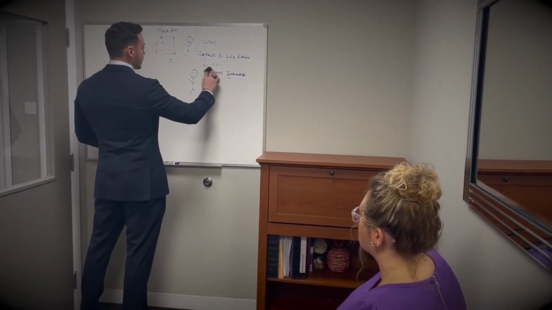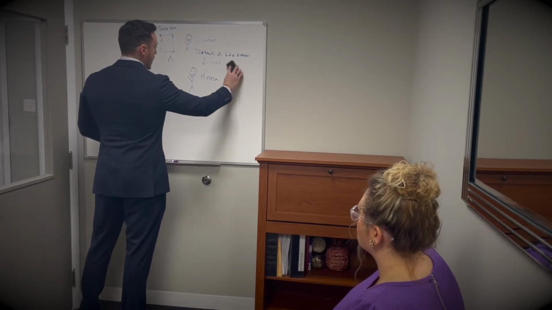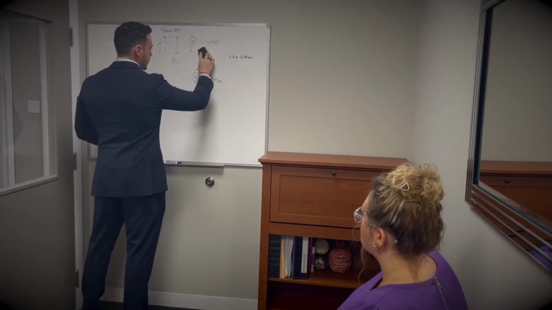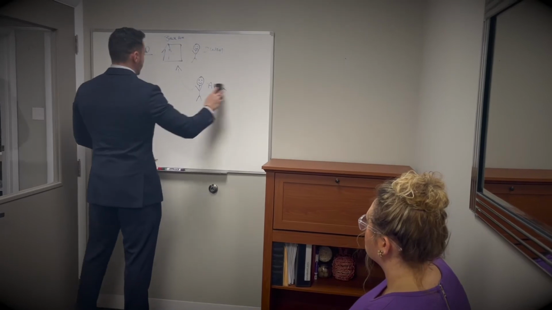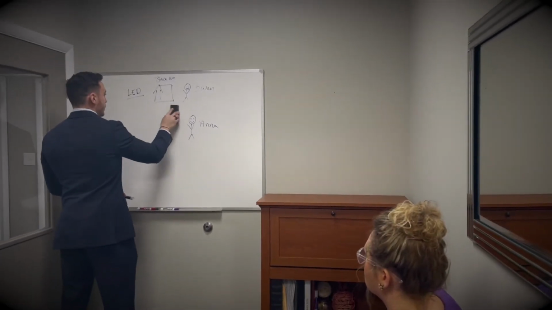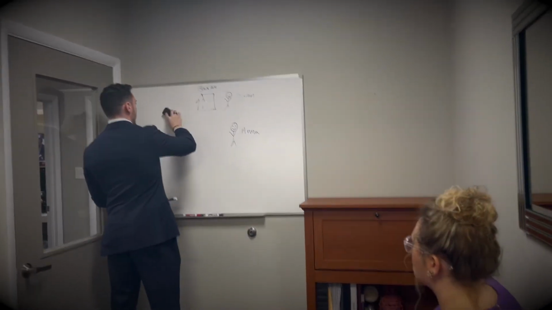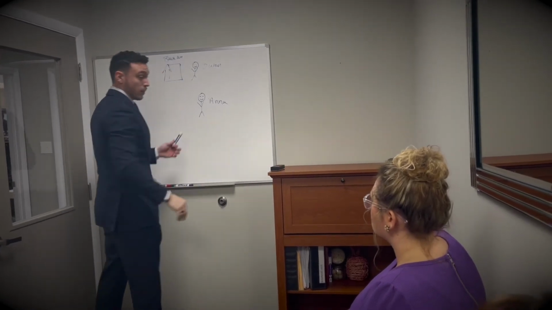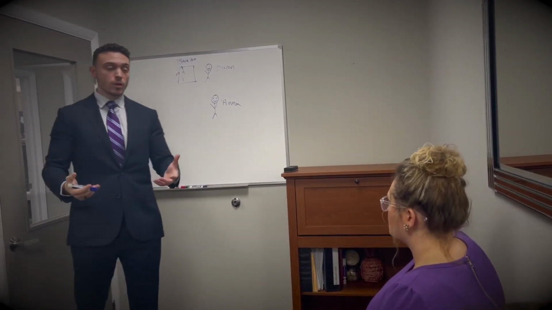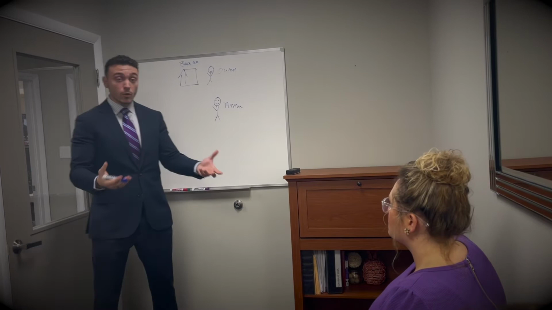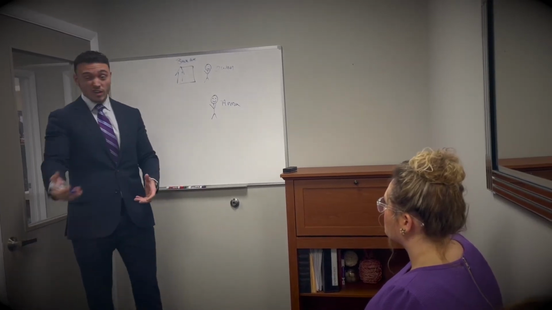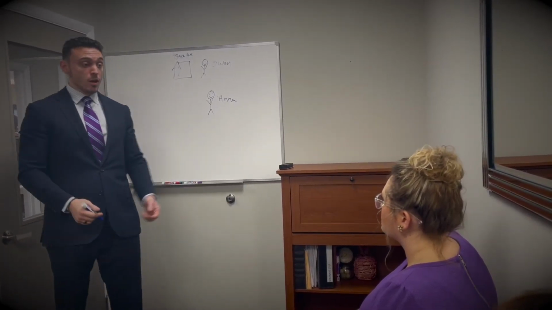Okay, so what else could be done? How do we have our cake and eat it too in this situation? Okay, well, we want our home to avoid probate. That's a big deal. Okay, that's the main goal here. We want our home to avoid probate. Why? Because we don't want to have to go through that long, drawn out, expensive, arduous process.